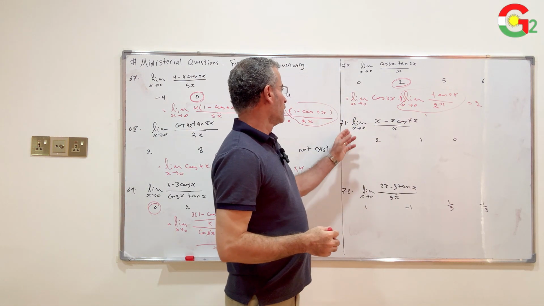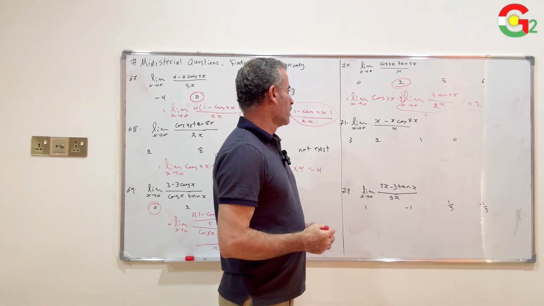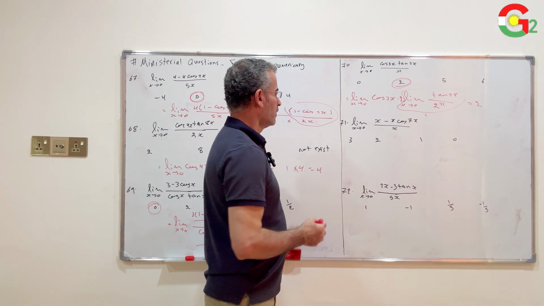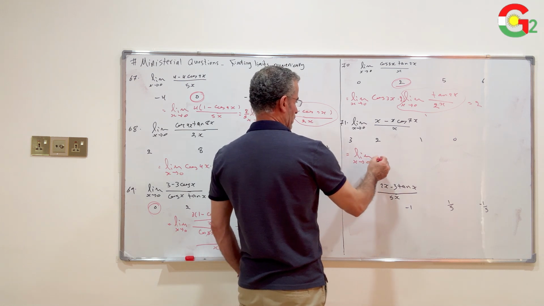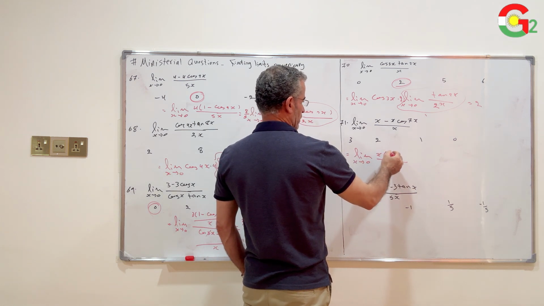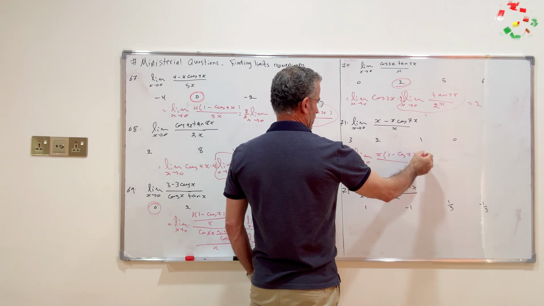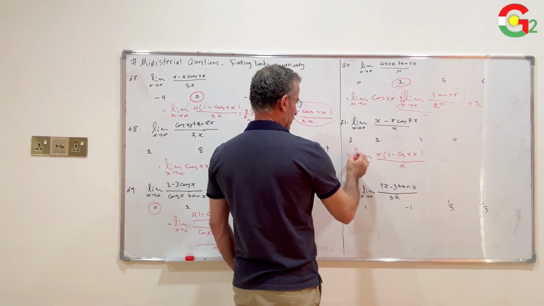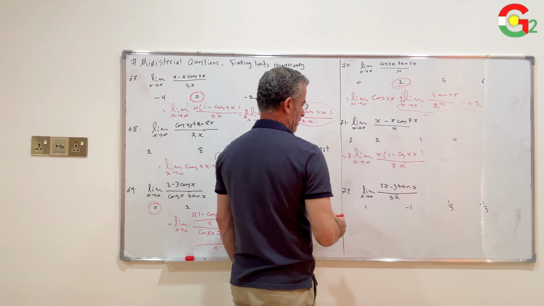71. Find the limit when x approaches 0 of x minus x cosine 7x over x, equal to the limit as x approaches 0, factorized by x, of 1 minus cosine 7x over x. Multiply this limit by 7 and divide by 7.